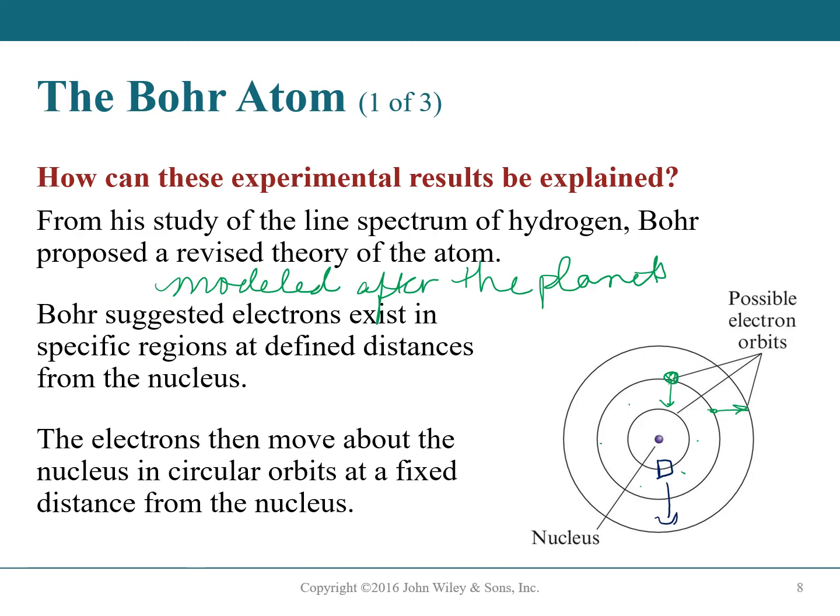And for this to go into an orbit or go back to its home orbit, then basically that's why we see an emission spectrum. So the emission spectrum corresponds to the differences in energy between orbits.